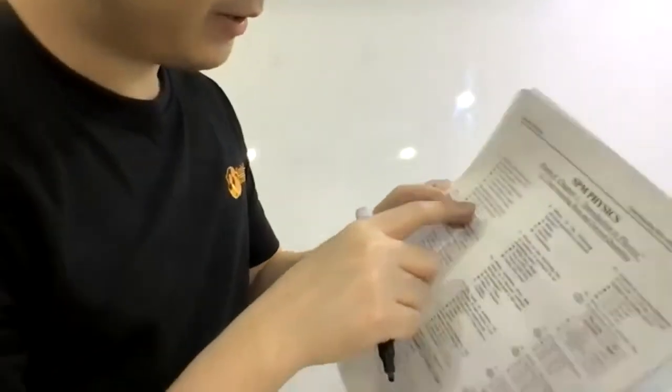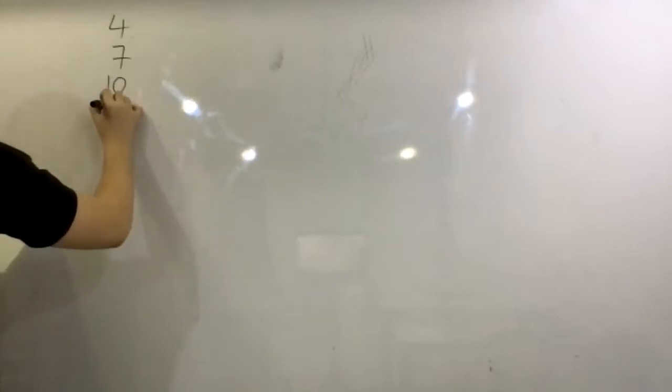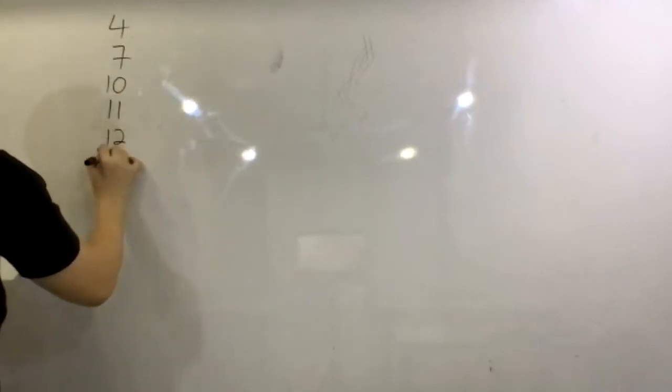Not all questions you want to do, because there are some questions on the prefixes which I think will not be covered in the exam. The unit conversion, the prefixes. So I will write the selective ones, which is the unit and derived base and derived quantity here. So you only do these questions on the board. Question 4, 7, 10, 11, 12, 13.